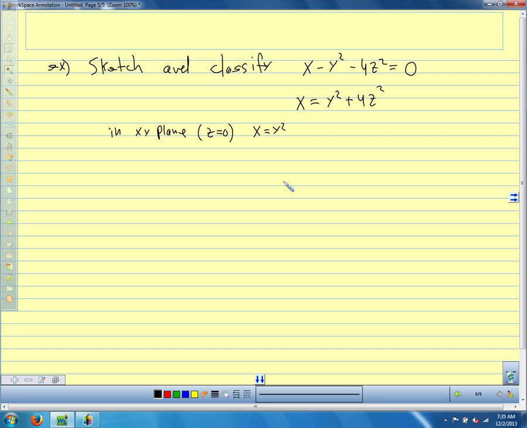So what's that trace? Parabola. So we'll have a parabola in the xy plane. In the xz plane, y equals 0. We have x equals 4z squared. So another parabola, just a little different shape.